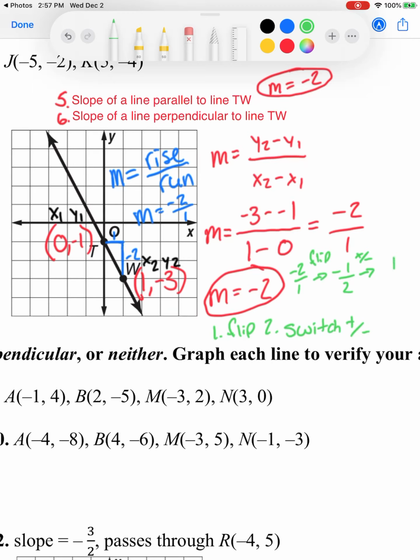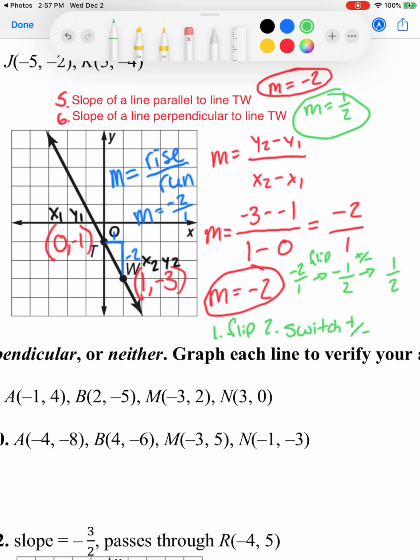And then we have one more step. We have to switch the sign from negative to positive. So it already was negative, so now it's going to be positive. And so our new slope for that perpendicular line would be m equals 1/2. So, long story short, to find the slope of a perpendicular line, you flip it and then you switch the sign.